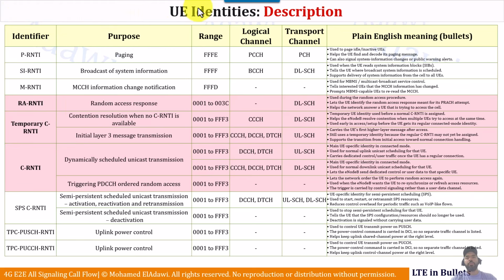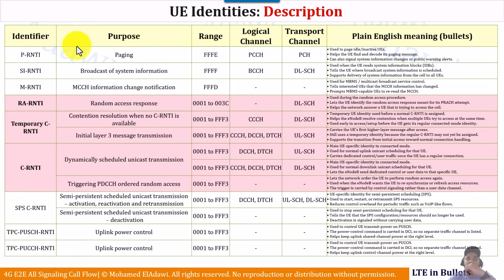So actually, before I jump into the parameter details and discussion, I would like to give you a quick introduction about something called UE identities, which are mainly assigned by the user or by the NLP or between both of them, to be able to identify or differentiate between the different users during scheduling, initial access, paging and these kinds of things.